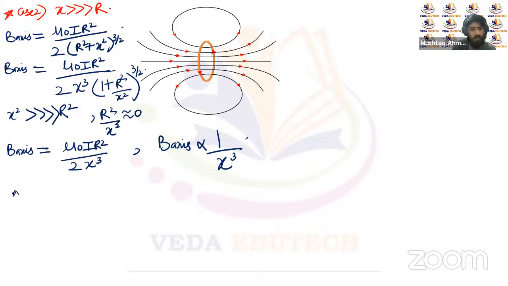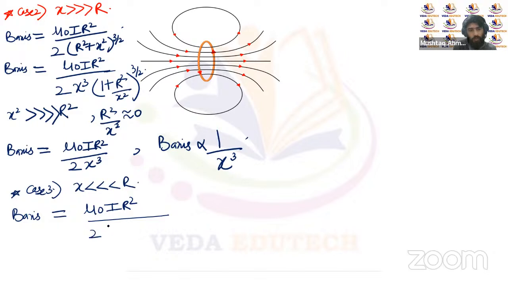Now let's discuss case third. Case third is that x is much less than r, or we can say r is much greater than x. In that case B axis will be equal to mu naught I r square upon 2 times r square plus x square raised to power 3 by 2.